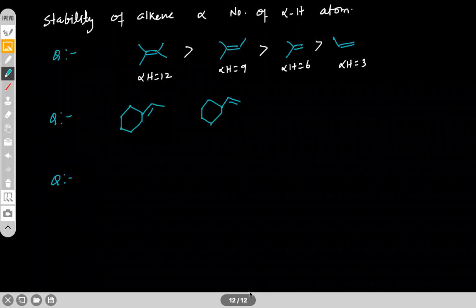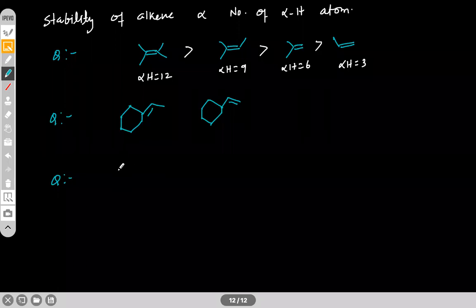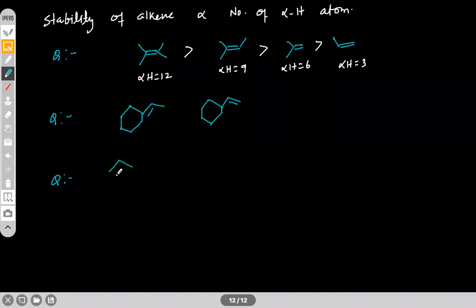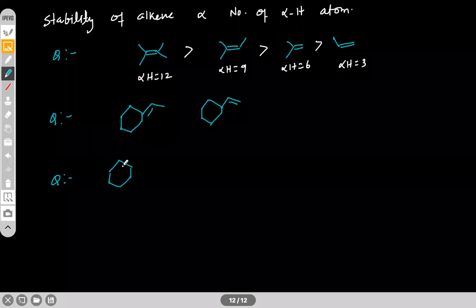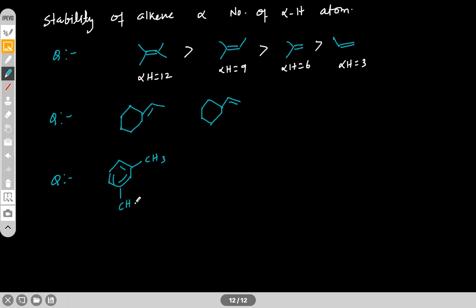In alkynes also hyperconjugation is possible. Stability order.